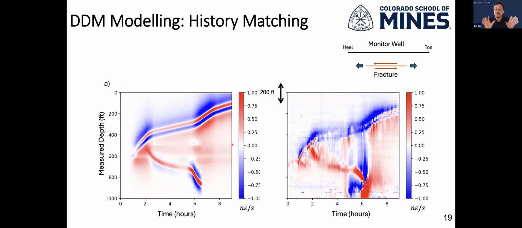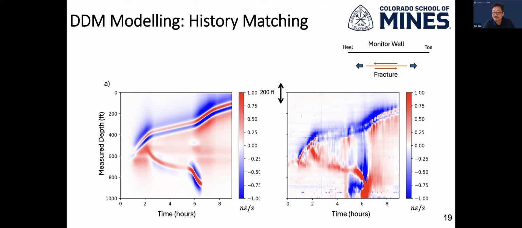If you just buy these two assumptions, a fracture parallel to the well and migrating in shear, then you can really start to history match or mimic the field strain response very, very well, right? In this case, it's a very simple fracture propagating parallel to the well. From the field data, I know how fast it's propagating at each time step.